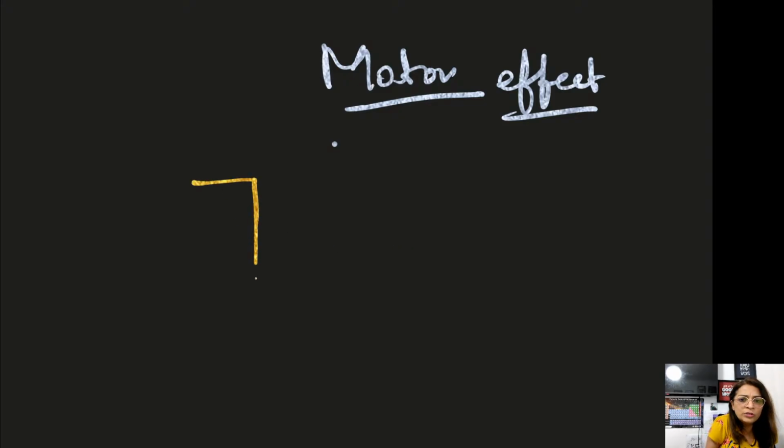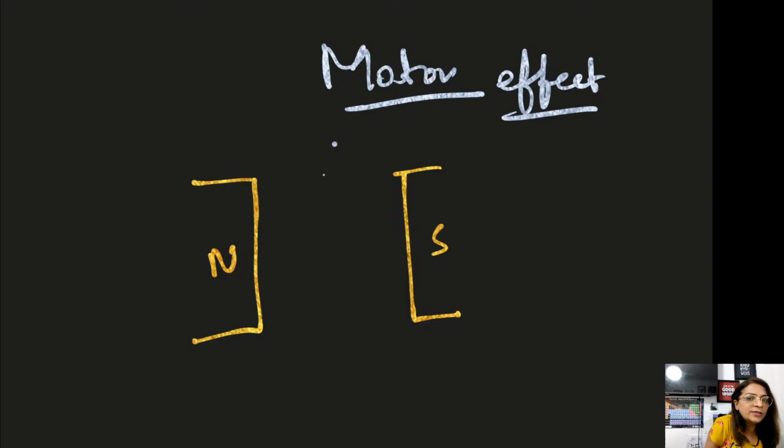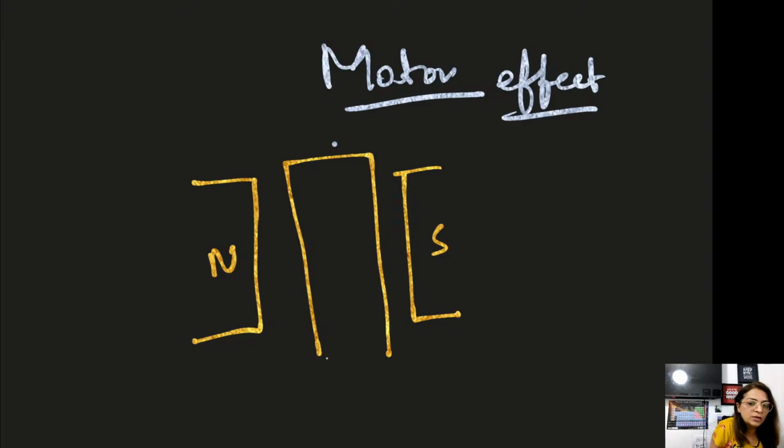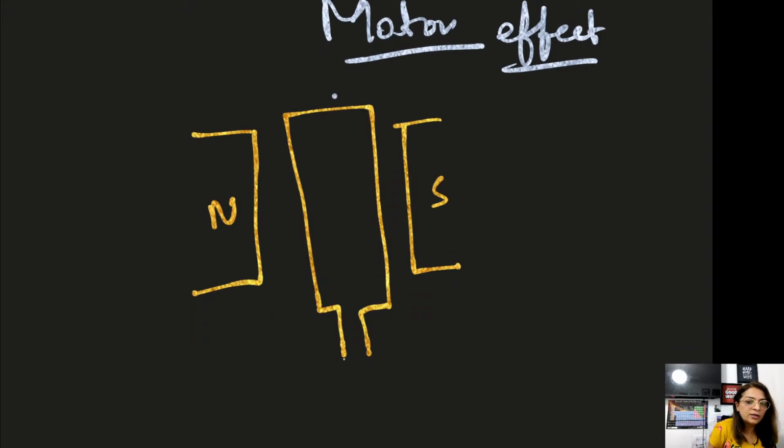You have 2 different magnets, a north pole and a south pole. There is a loop of wire passing through the 2 magnets, and it just sits there, and there is a connection of a battery around the motor.